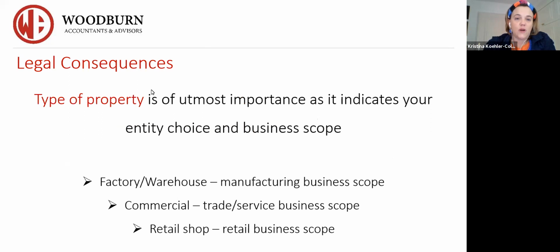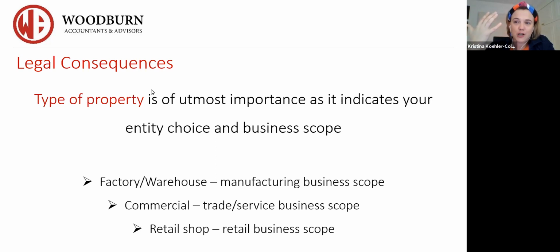Another legal consequence is that the type of property has to match the business scope that you are specifying in the incorporation. If you are specifying that you are going to be doing manufacturing or trading, in the case of trading, you can be in a commercial space or in a warehouse factory space.